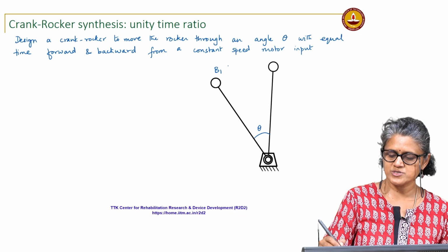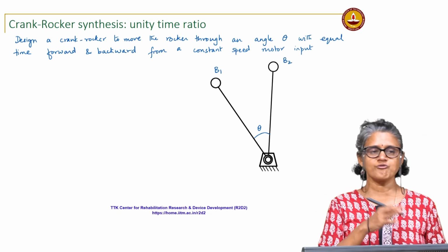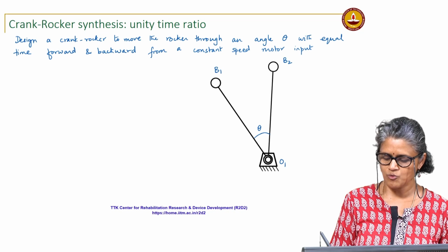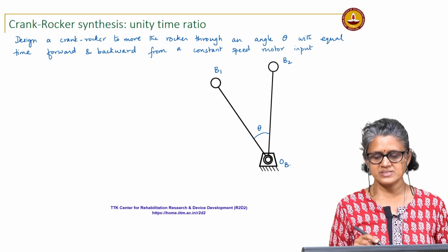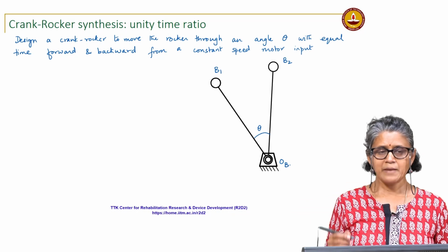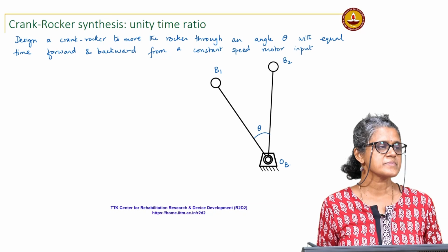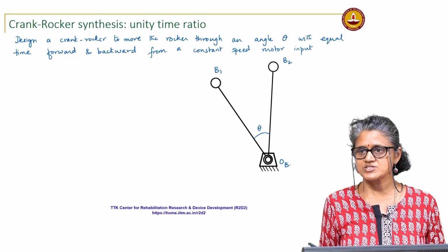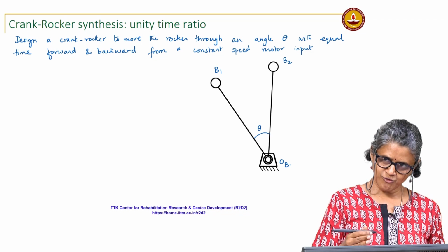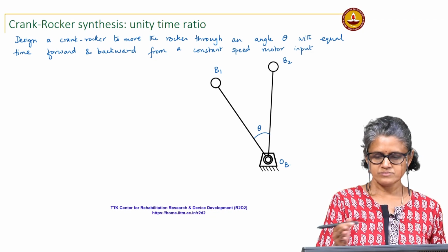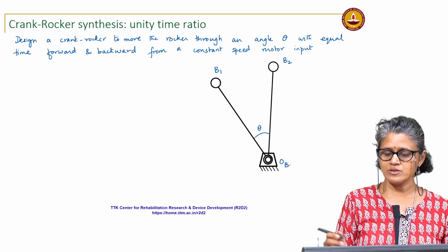this is my first position, this is my second position. I want this to move from, and this will be then OB. So I pick my pivot OB someplace, I pick a certain rocker length which may be determined by other considerations of your application, and I say okay, now my problem becomes I want to move OB B1 to OB B2, okay, through this angle.